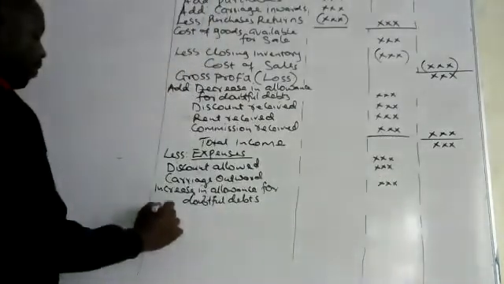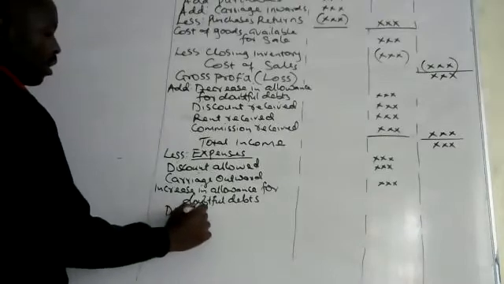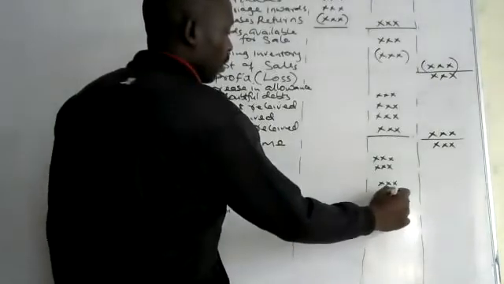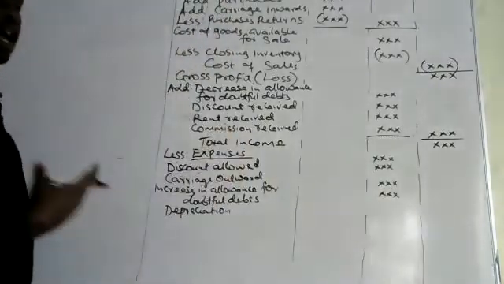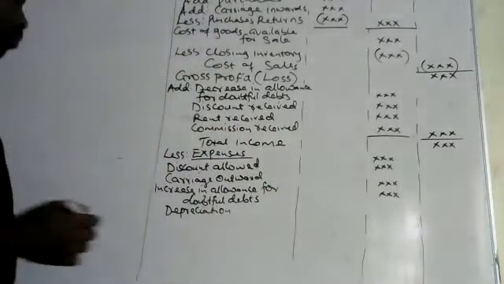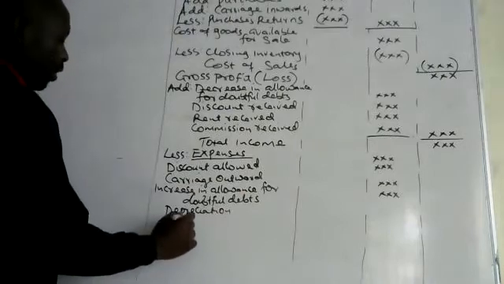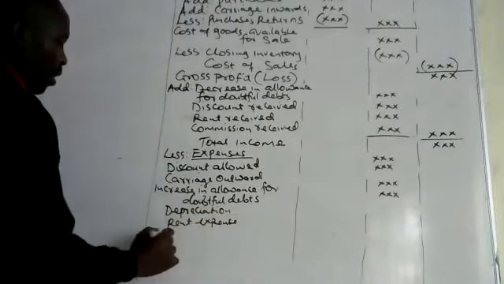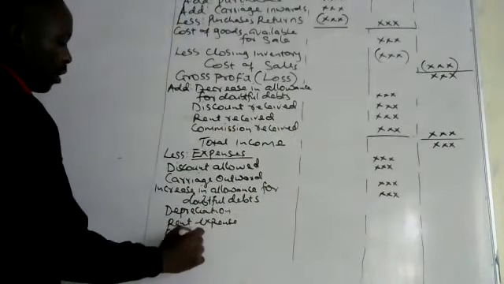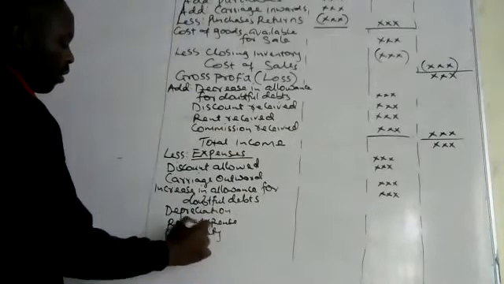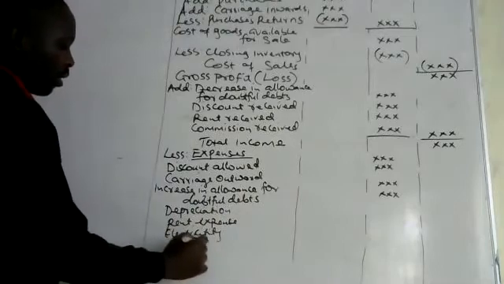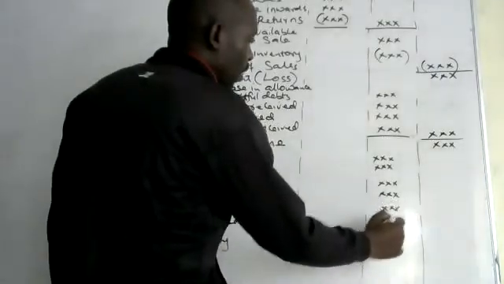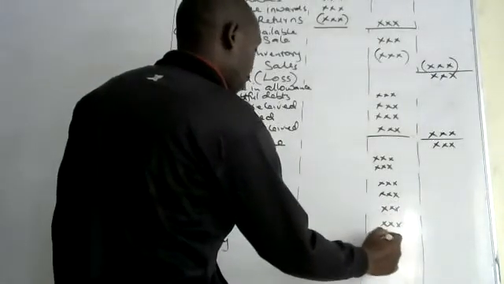And then we have the depreciation. And then the others that we know now. We have things like the rent expense, electricity, stationery. All these are expenses. You capture them all there.